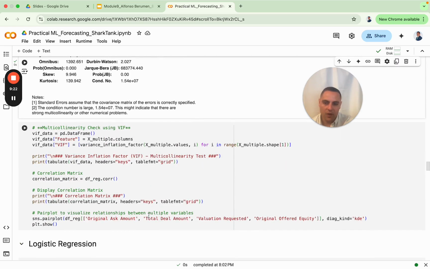One last thing we want to look at is that linear regression has a number of assumptions. One of the main ones that we're often concerned about is multicollinearity. Multicollinearity occurs when we have variables in the model that are highly correlated with each other. And that creates a number of issues, including statistical significance.